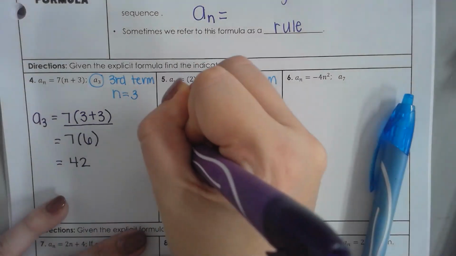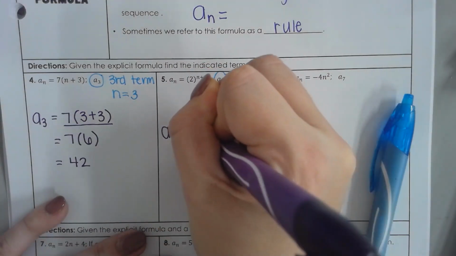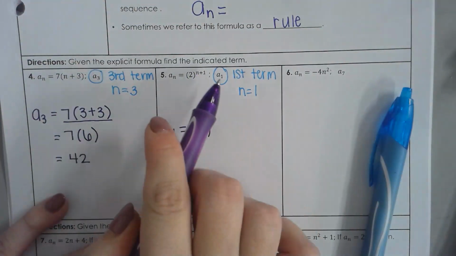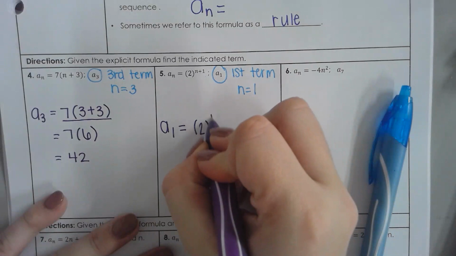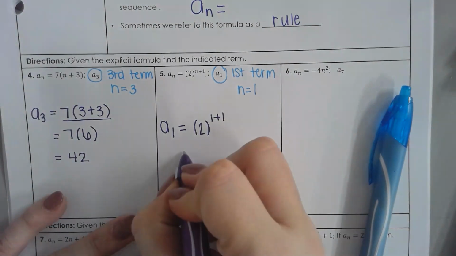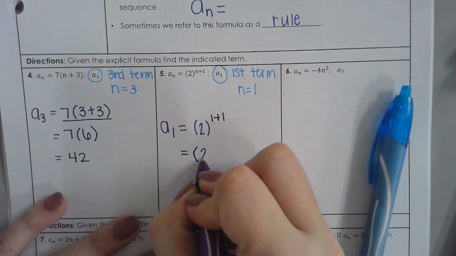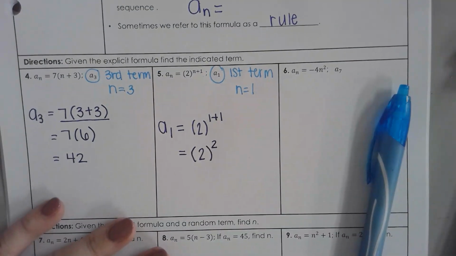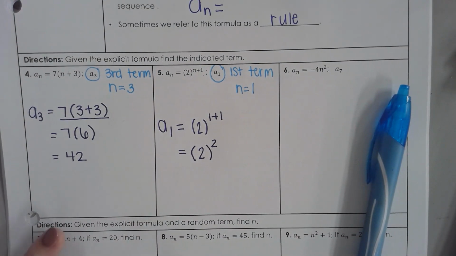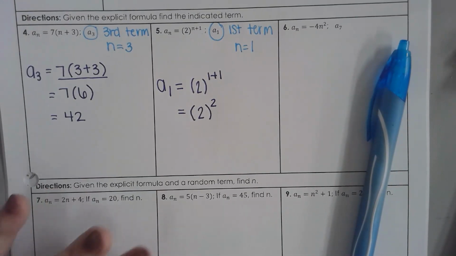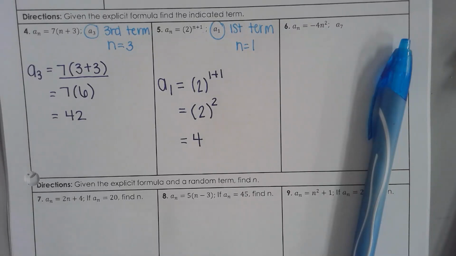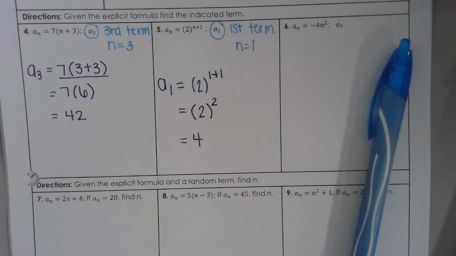So A1 equals 2, and then it says n plus 1 in the exponent. I'm going to do 1 plus 1. That's really 2 to the second power. 1 plus 1 is 2. What is 2 squared? 4. So the first number in that list is a 4. Try number 6.